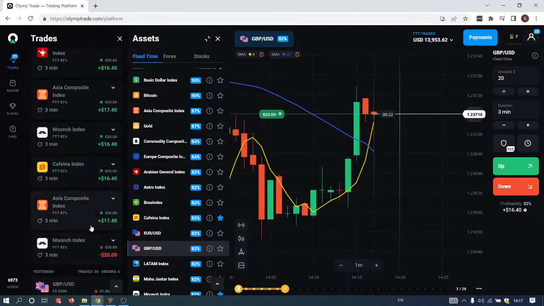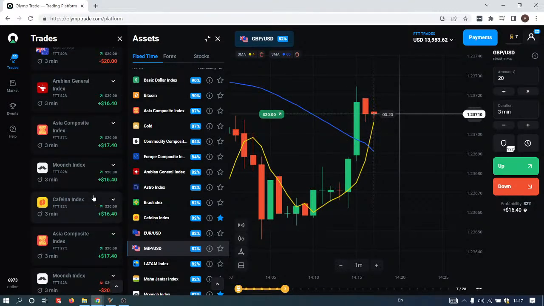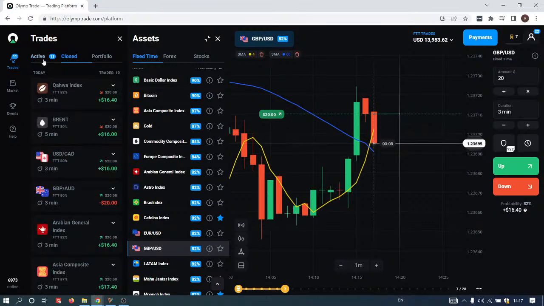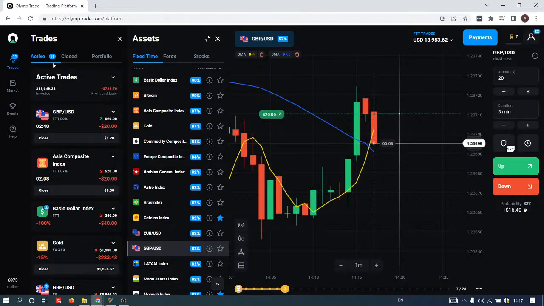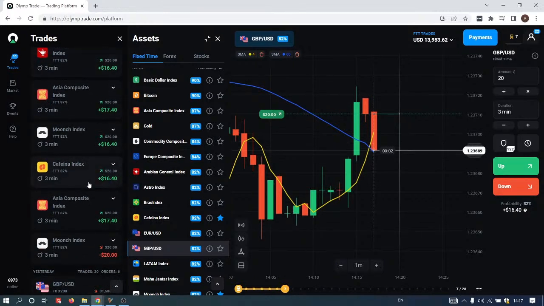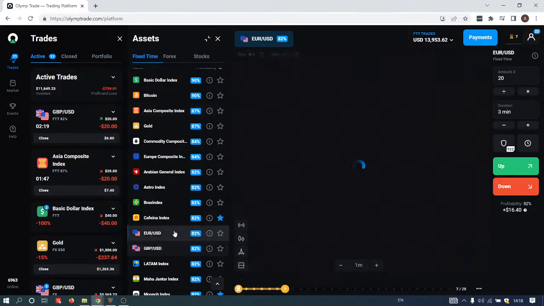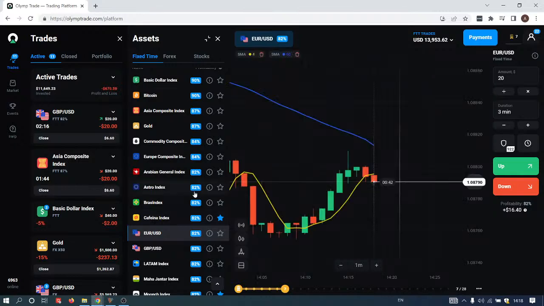Like for example, here, if I were to look, 1, 2, 3, I could have reinvested the profits from the previous trades into the next trades, and definitely I would have. So it does work, guys.